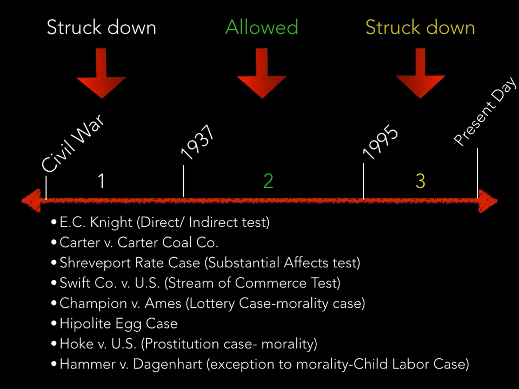And we'll see that illustrated in one of the hypos, the hypothetical questions that I gave you that should be attached to this email. And we'll go on to the Swift case, the stream of commerce, right? We found there that Congress can regulate action that is part of the stream of commerce.